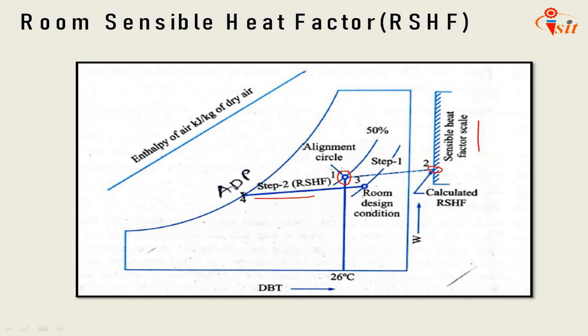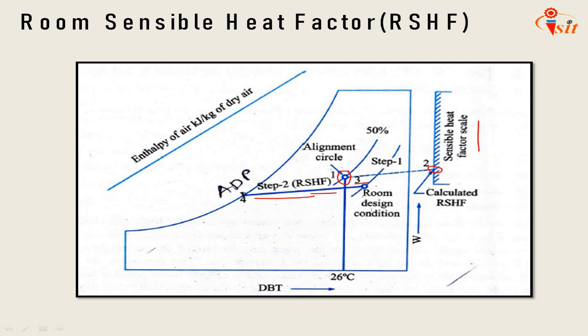Now the procedure is to draw a baseline through the alignment circle, 26 degree and 28 degree, and the calculated value of RSHF in the upper right corner of the chart. Draw the actual RSHF line through the room design condition at point 3 parallel to the baseline.